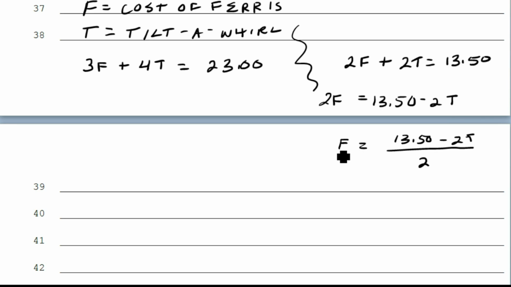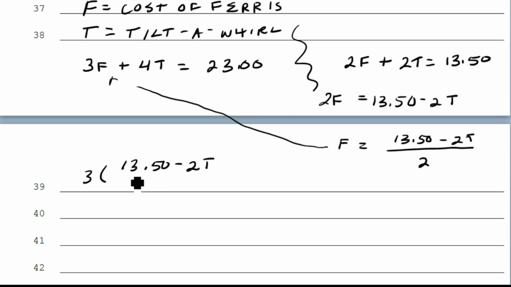You take this F, get a new value for F, and you can put it in here. So now you have 3 times this F, 13.50 minus 2T, all divided by 2, plus 4T equals $23.